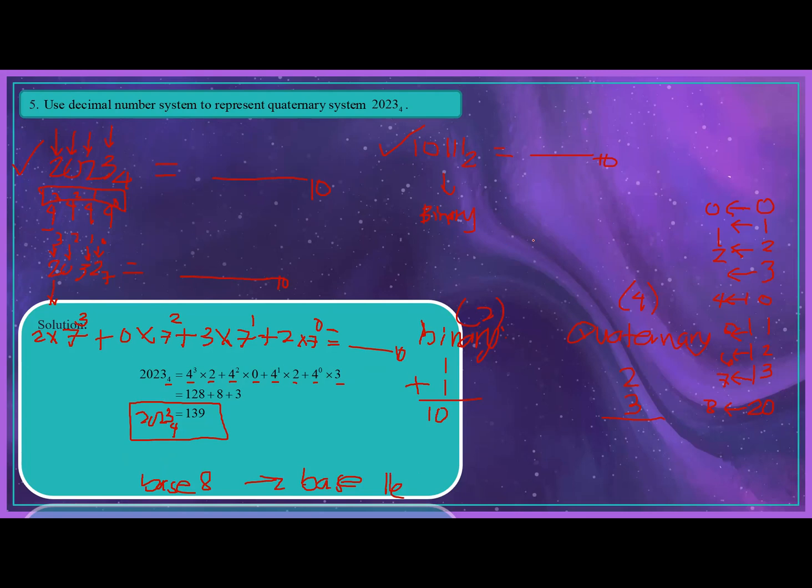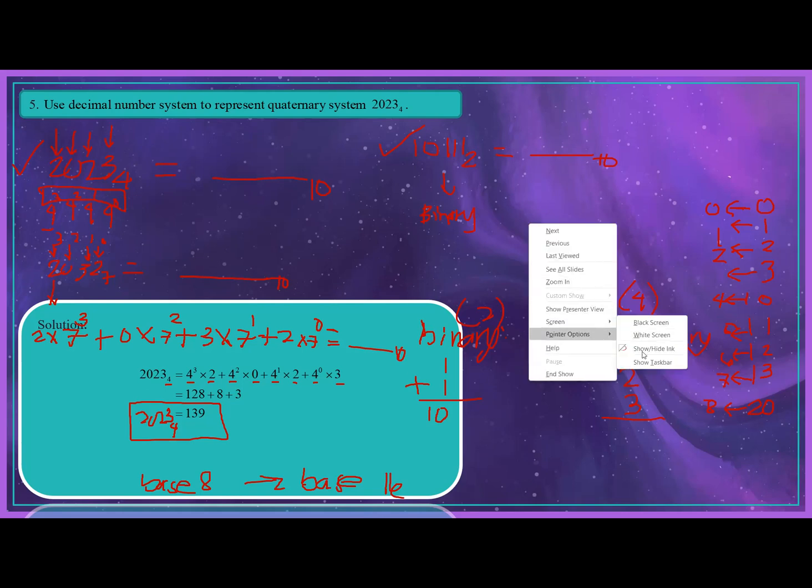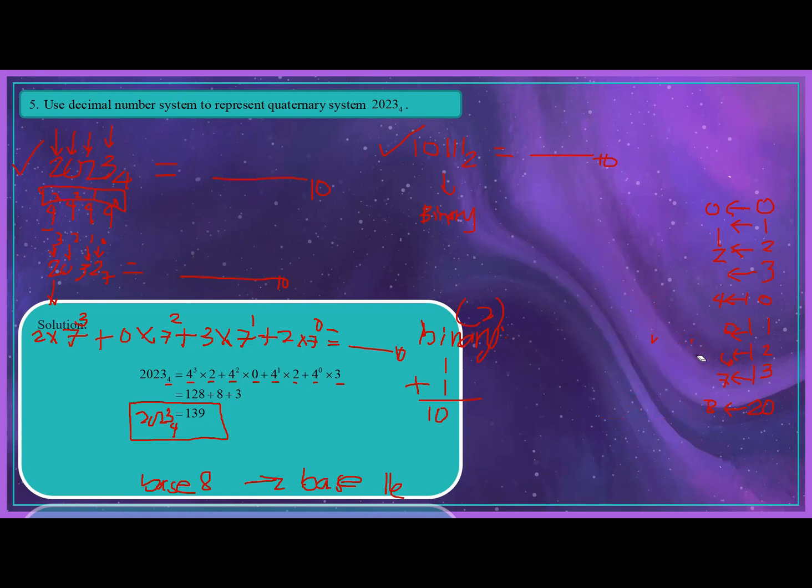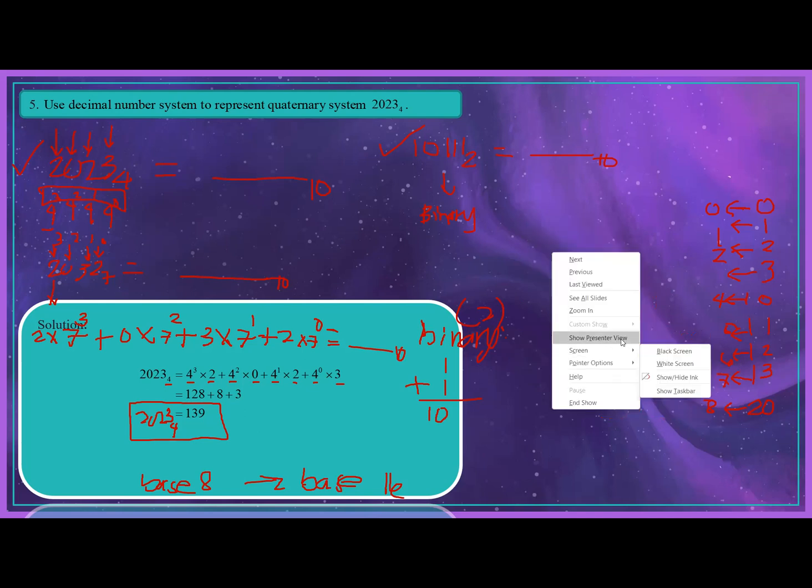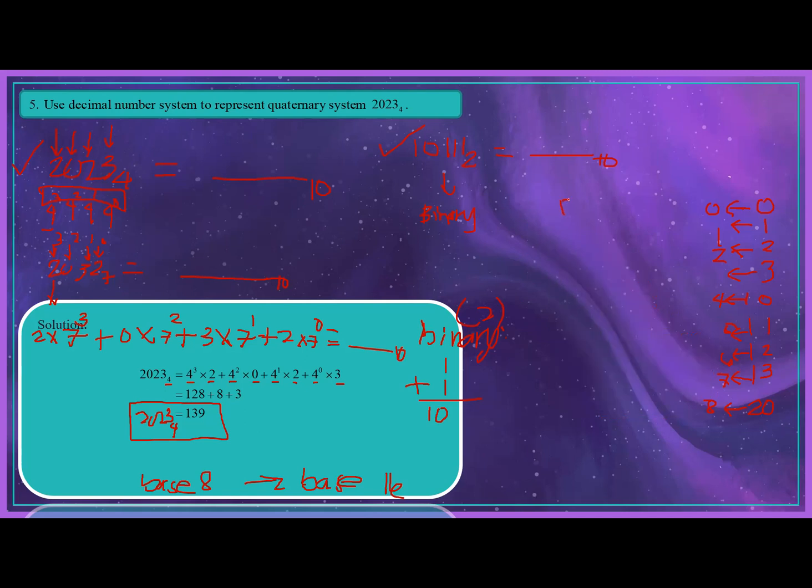So basically, for base 16, we start with 0, and 1, 2, 3, 4, 5, 6, 7, 8, 9, 10, 11, 12, 13, 14.